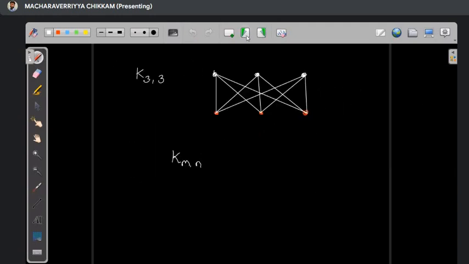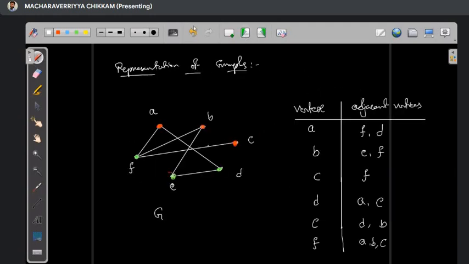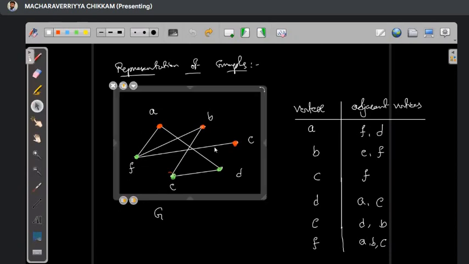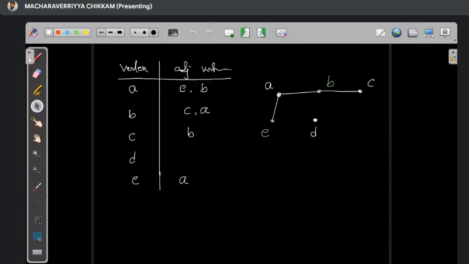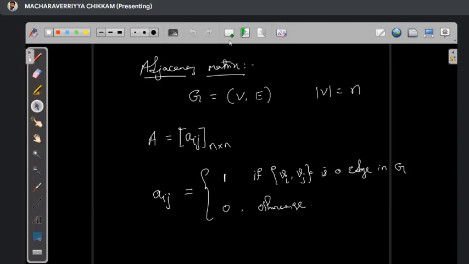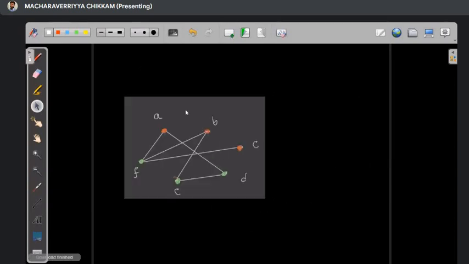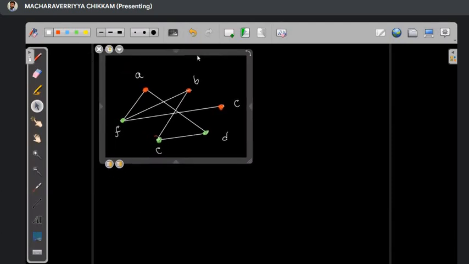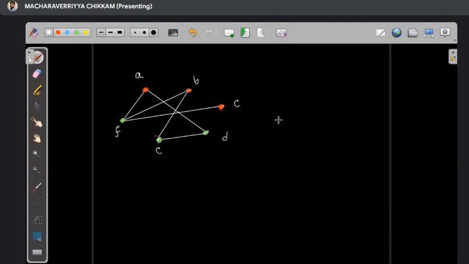Now let me take this graph, and for this graph, let's see what is the adjacency matrix. Total how many vertices are here? The number of vertices is 6. So we are going to get a 6 by 6 matrix. Now let us write what is A.